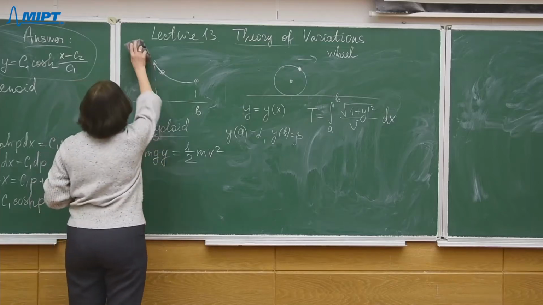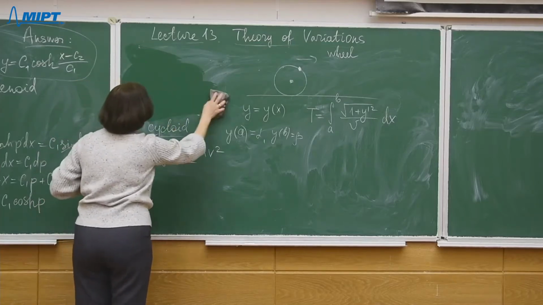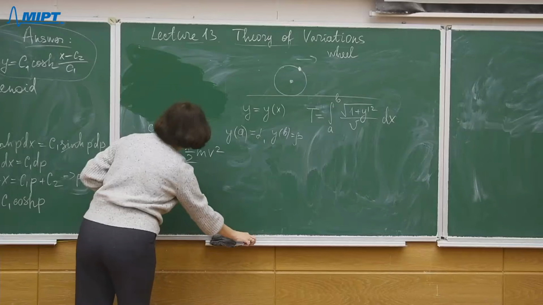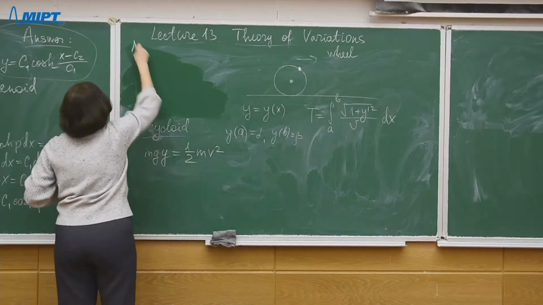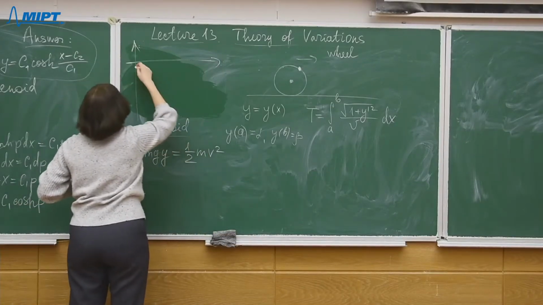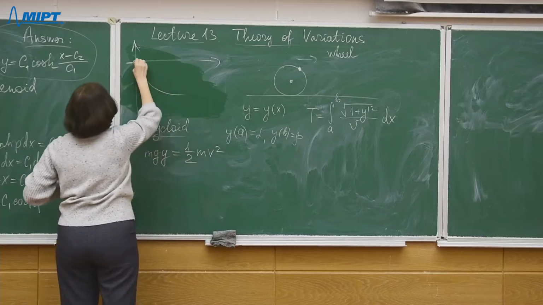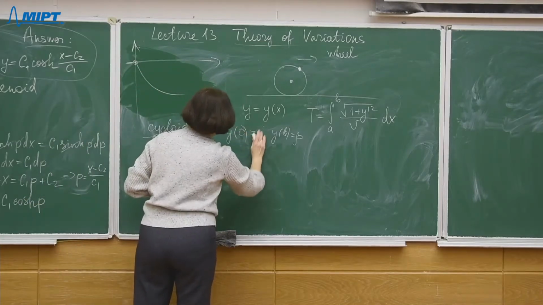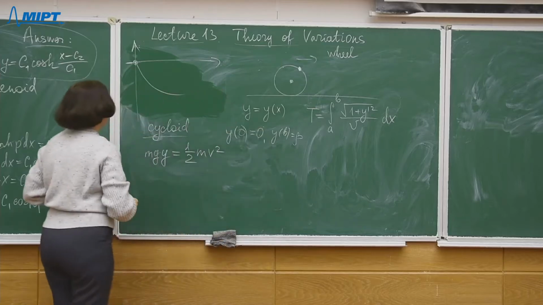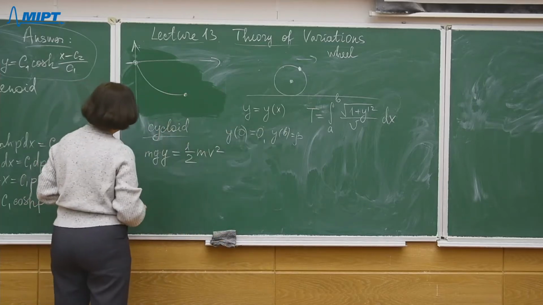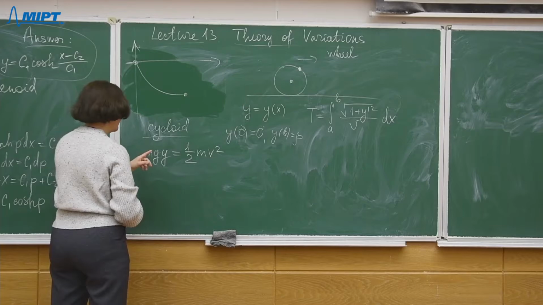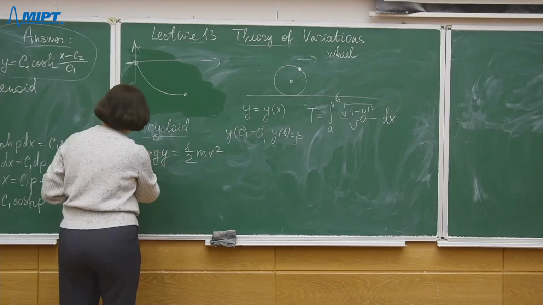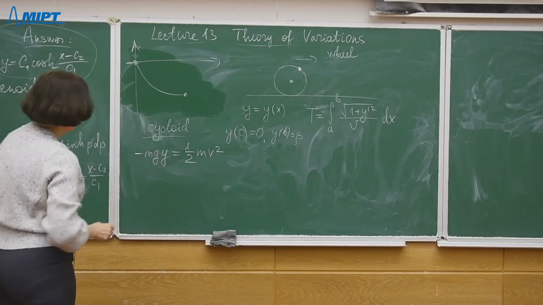So I will move this to the origin, and then I will consider the task when a is 0 and y of 0 is 0. And so it is minus, of course.